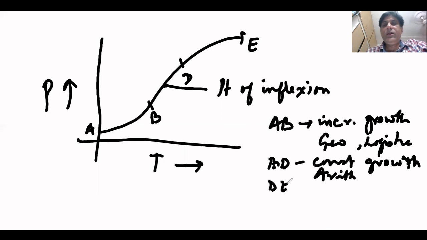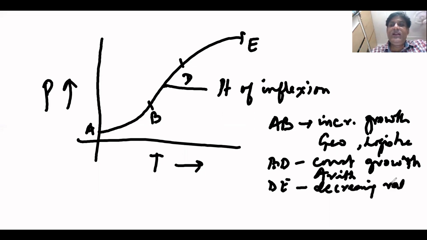And D to E is the decreasing rate. Why decreasing rate? Population no doubt is increasing, but then it comes to a saturation value. So it is at a decreasing rate. The population doesn't keep on increasing every day or every year, whatever, right?